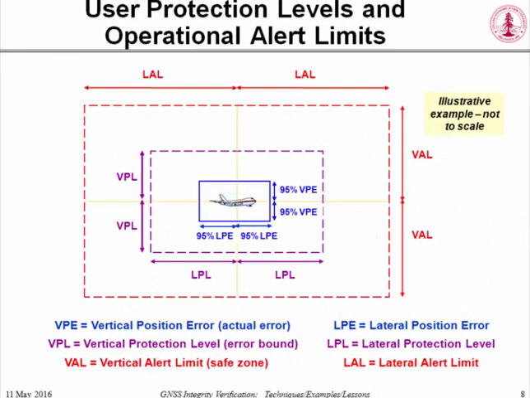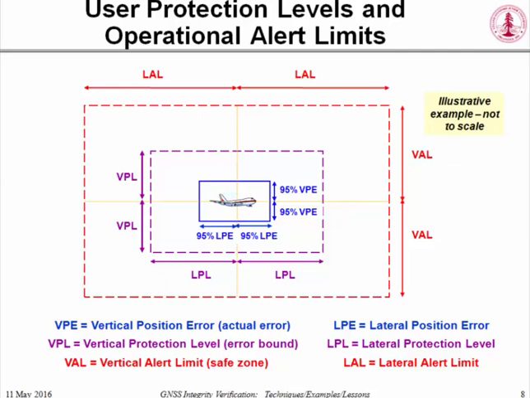So here's, again, how safety is defined operationally. You can see accuracy is defined as 95 percentile vertical, and here shown lateral error. The user can compute this, but this is pretty much met automatically as long as integrity is met. So in practice, the user computes his vertical and lateral or horizontal protection levels, compares them to the alert limits, and these vary depending on the operation, whether it's en route or Category 1 precision approach.